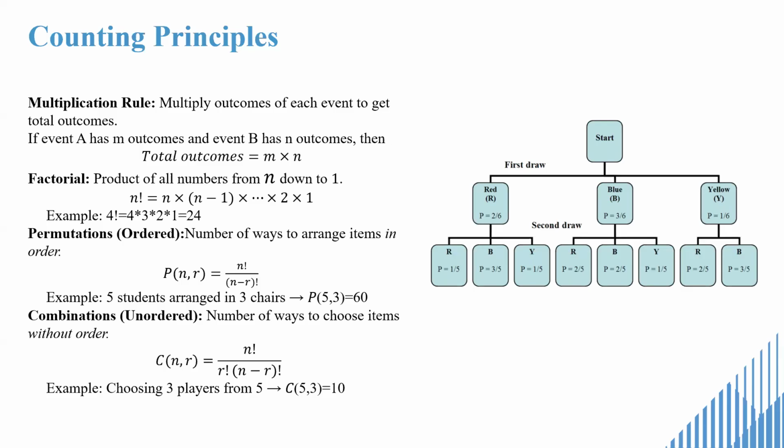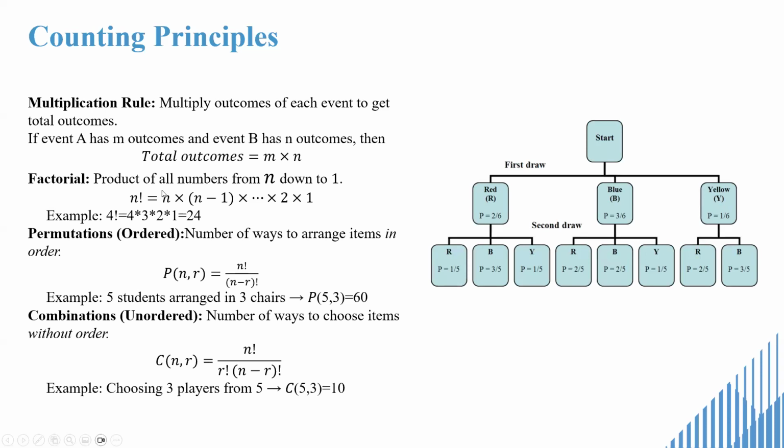You can have 3 times 2, which is 6 ways. Whether you use shirt number 1 with pant number 1, or shirt number 1 with pant number 2, or shirt number 2 with pant number 1, shirt number 2 with pant number 2, and the same goes with shirt number 3 with pant 1 and pant 2. So in 6 ways you can have it.